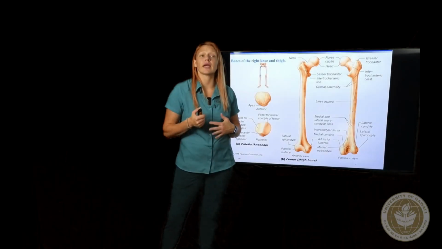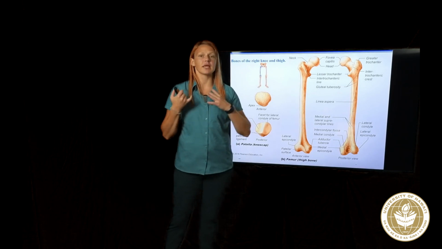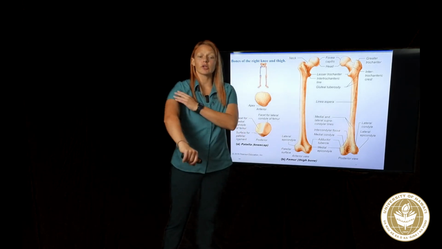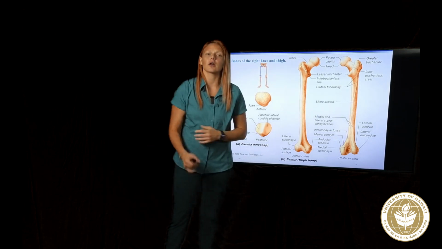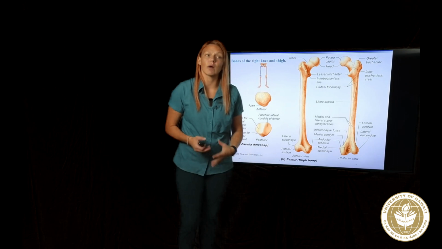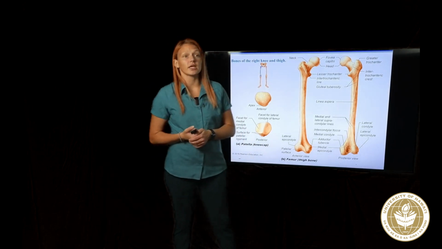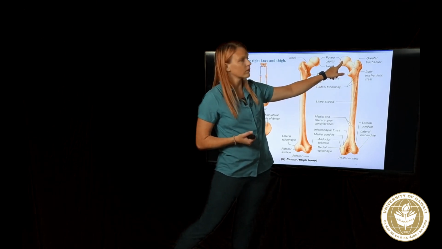So again, as a reminder, the femur is the largest and strongest bone in our body. Again, it makes up about 1/4 of a person's height. And it's very similar to that humerus that we talked about in our arm. There are a lot of very bulky muscles in the femur region. The femur is going to articulate proximally, so up here, it's going to articulate with the acetabulum of the hip.